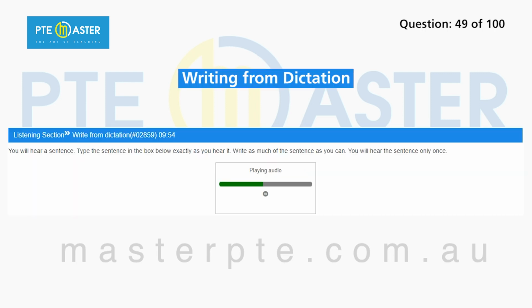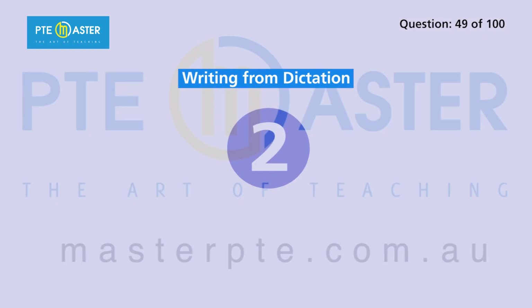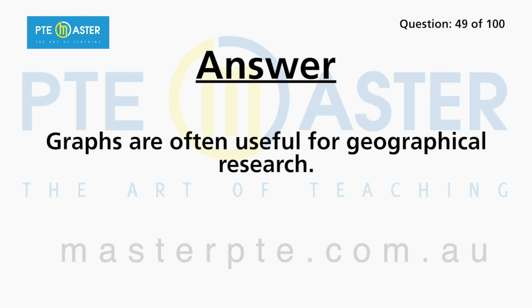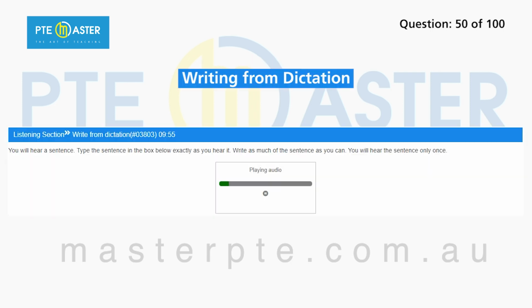Graphs are often useful for geographical research. The university provides legislation for students and staff.